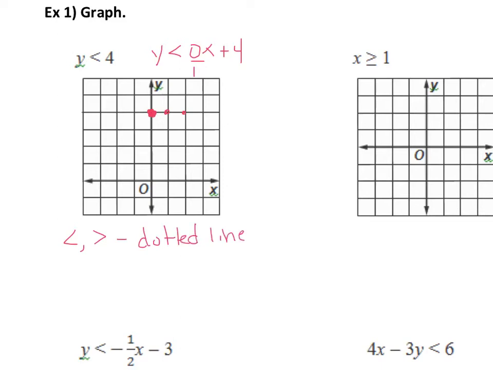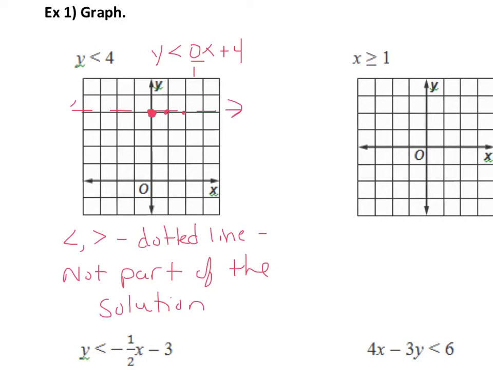And that dotted line is just like an open circle, and that it is not part of the solution. Okay? So that's the first difference. So in this case, I'm going to have a dotted line going across here. Put my arrows on the end.